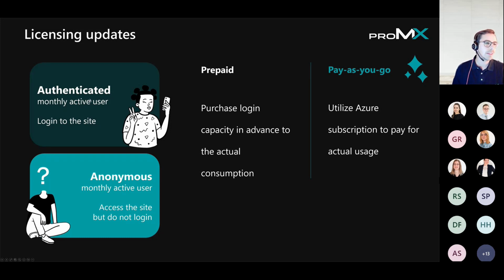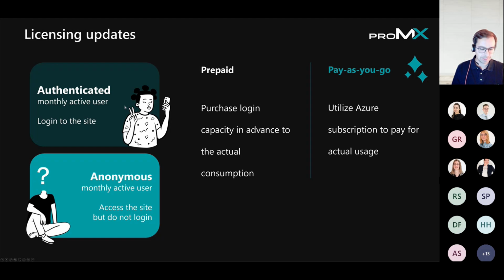So an authenticated user is the one who has a login, who can log in and out as they want, and therefore this user is known to the portal. Whereas you have the anonymous user who does not need to be logged in, but can browse some spaces of your website as you have configured.